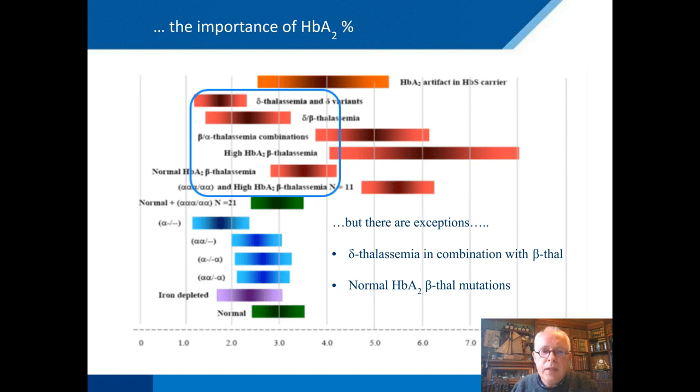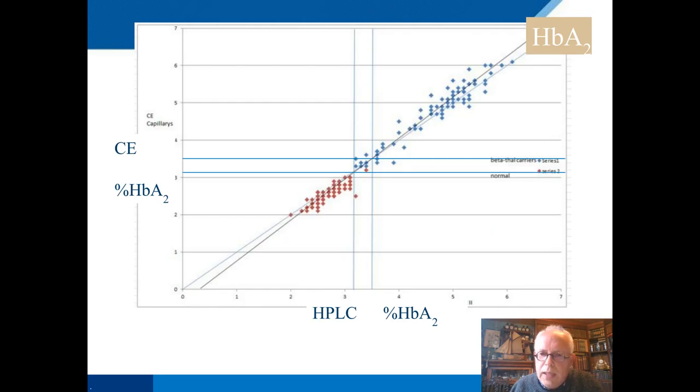On the other hand, if you have a beta thalassemia in combination with delta thalassemia, then the A2 goes back to normal, and then you will probably consider this as a microcytic hypochromic anemia with normal A2 representing an alpha thalassemia, but in fact it's a combination of delta and beta thalassemia. There are also some beta variants which go with an almost normal A2. We'll come back to that here.